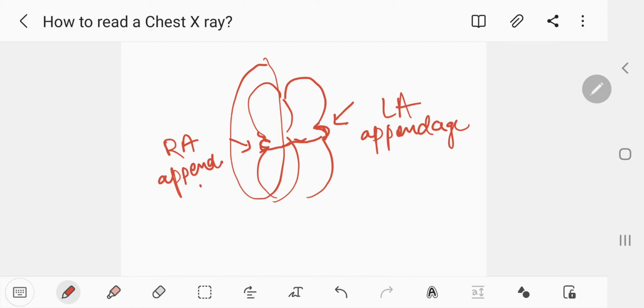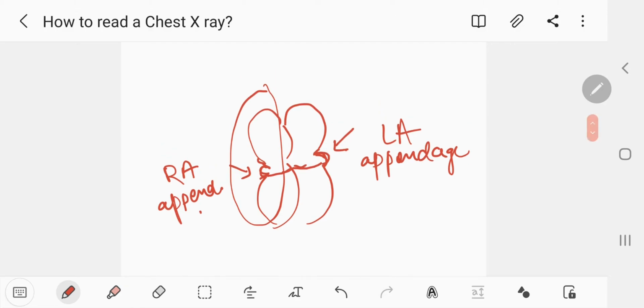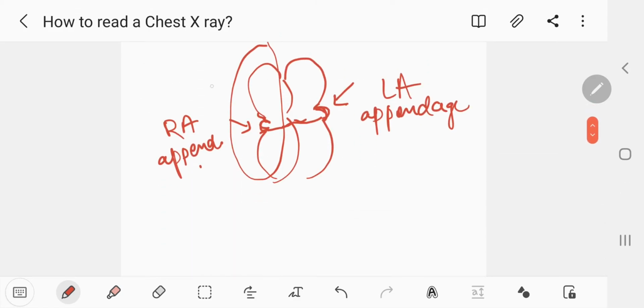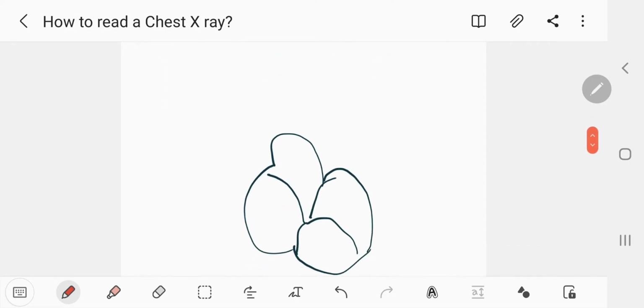So what do you think is present on the right side of the heart? Of course, we have the right atrium here, and you might be wondering why it is not the right ventricle, since the other side is the left ventricle. That's because the heart is not present just like this in the mediastinum; it's actually tilted a little bit.